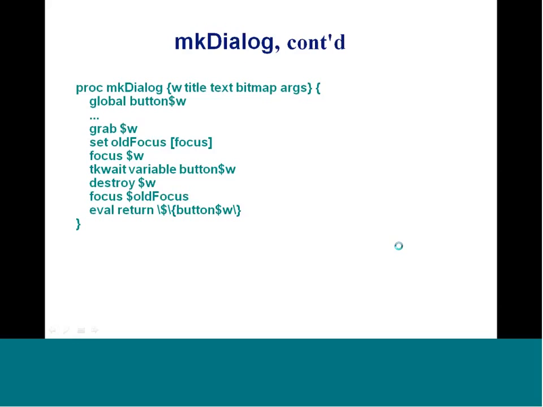We define this button $w, and then we grab that window manager, set old focus to focus, and then we do this focus for the window, and then we just do a tk wait variable button and $w, and then we destroy that window, and then focus is another command.